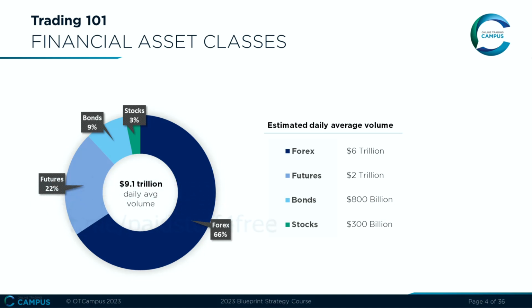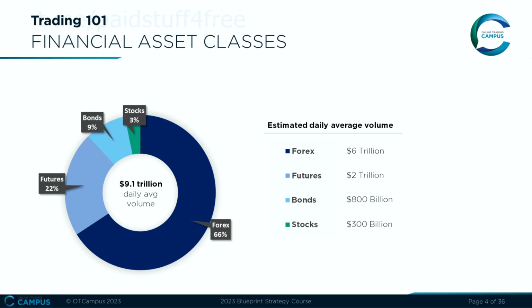However, I found this number can fluctuate heavily. It really depends on the market, and depending on volatility or market turbulence, this could be a lot higher, but it averages out probably at around 200 to 300 billion US dollars per day. And then bonds is kind of in between futures and stocks.